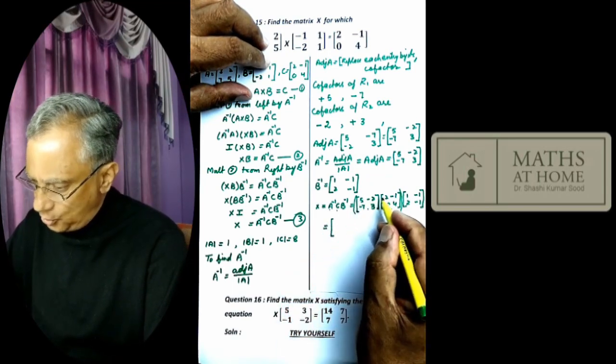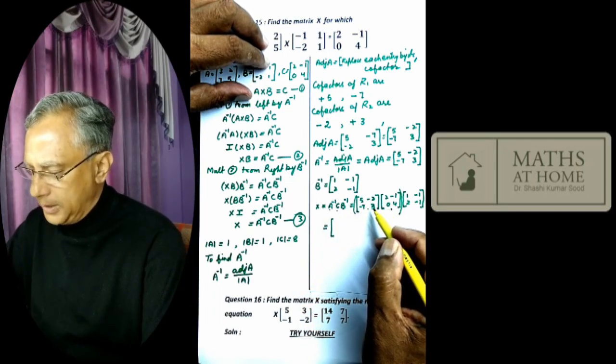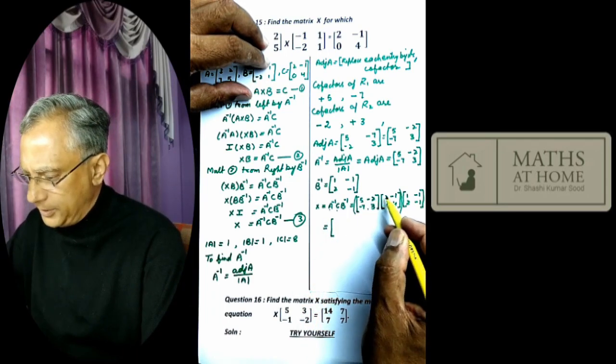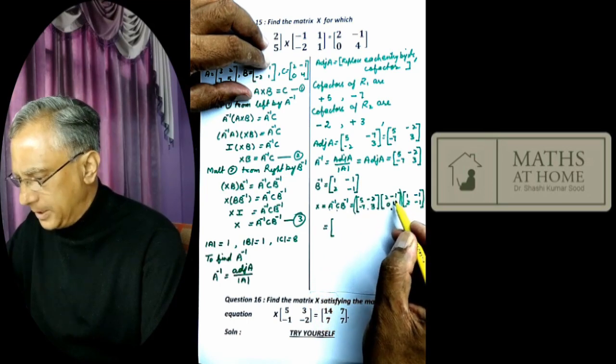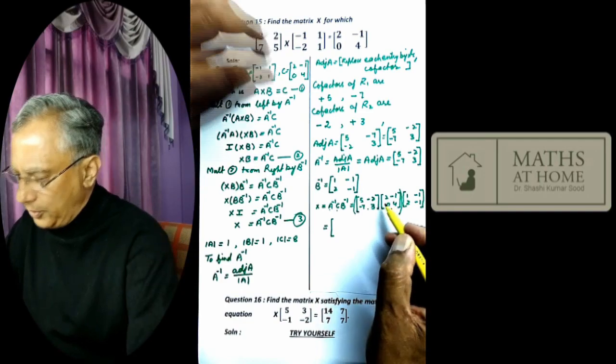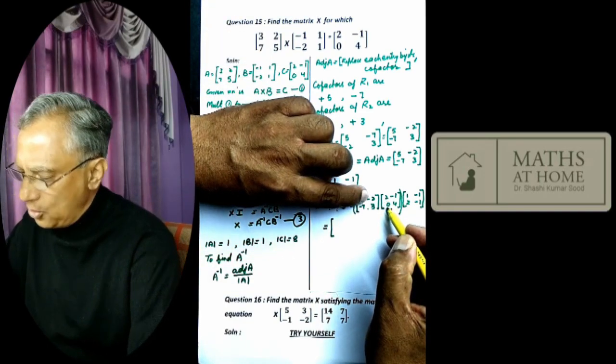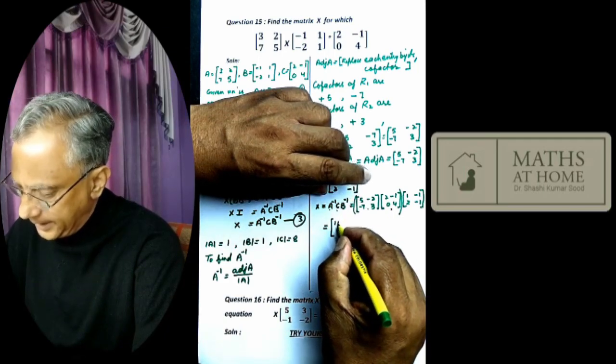now this into this. Now matrix multiplication is row column multiplication. This row will be multiplied with this column, this row will get multiplied with this column. So this row with this column, we will get 5 into 2 is 10, minus 2 into 0 is 0. So we get 10.